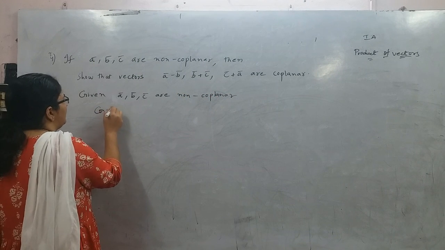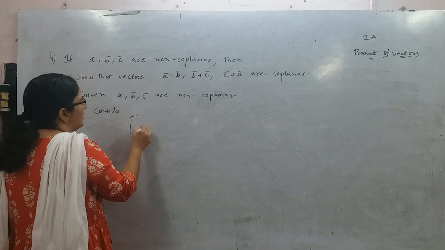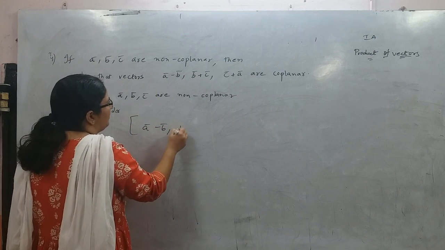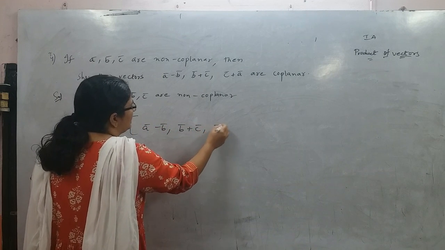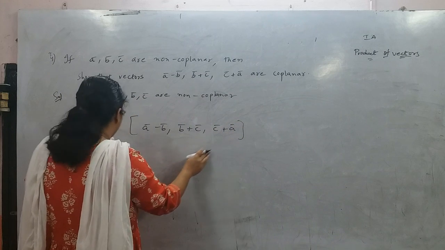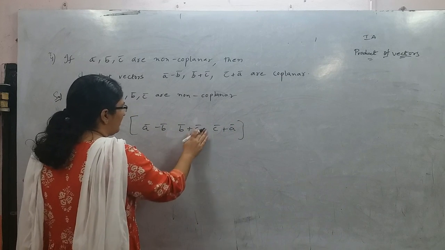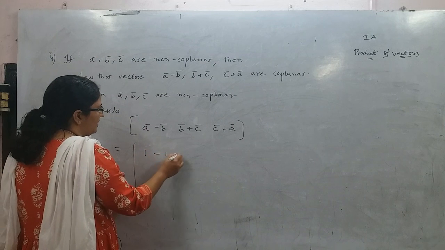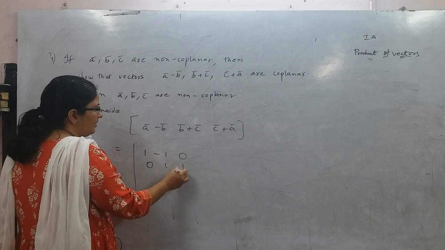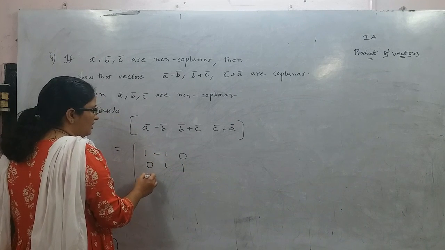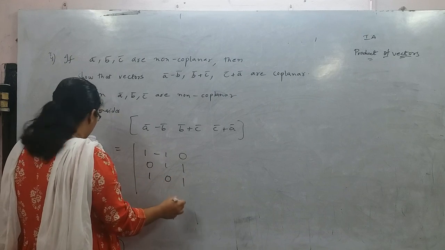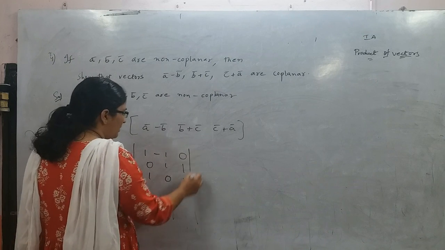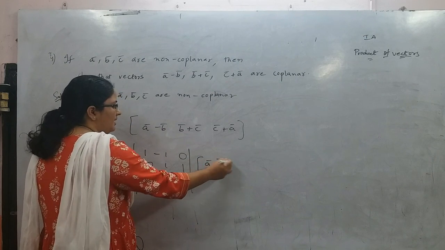Consider the box product of a bar minus b bar, b bar plus c bar, c bar plus a bar. So this is nothing but the determinant with rows 1 minus 1 0, 0 1 1, 1 0 1, into box of a bar, b bar, c bar.